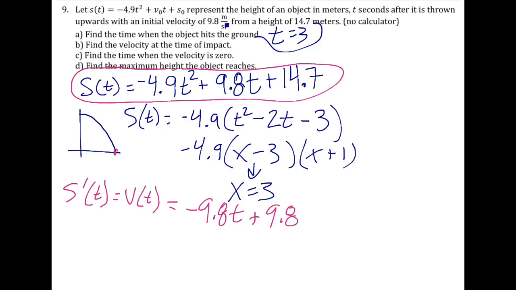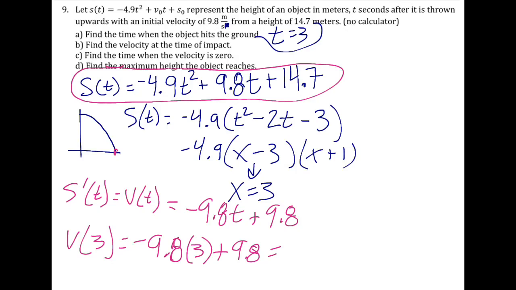And now I want to know the velocity at the time of impact. The time of impact was 3 seconds, so v of 3 equals negative 9.8 t plus 9.8. Sorry, I meant to not write t, but I meant to substitute in that value of 3 for t. But notice I have 3 negative 9.8s and 1 positive 9.8.